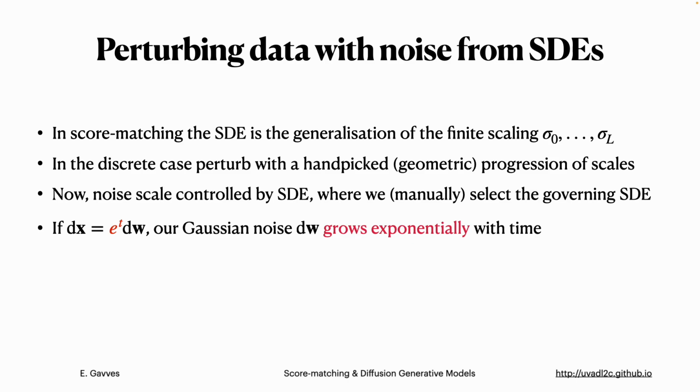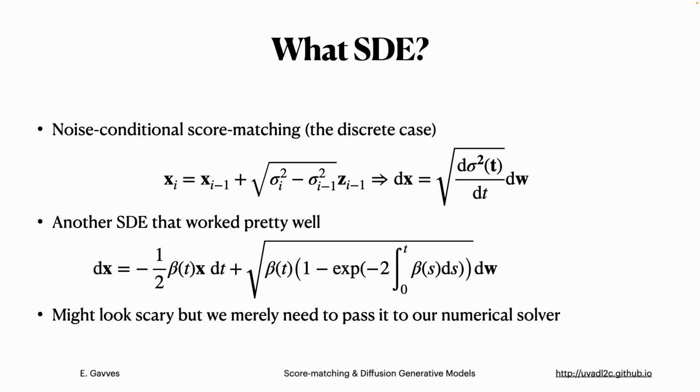Now, if we have this SDE, our Gaussian noise grows exponentially with time. That's the noise variable, and it grows exponentially. So for every new t, we have to add the previous. The type of stochastic differential equation is open.